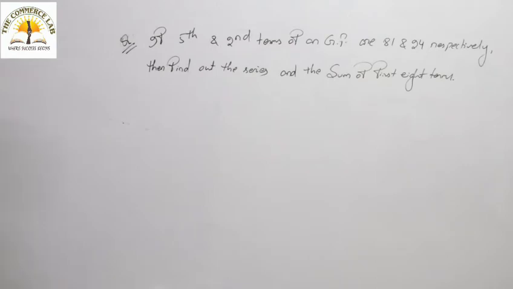If fifth and second terms of a GP are 81 and 24 respectively, then find out the series and find out the sum of first 8 terms.